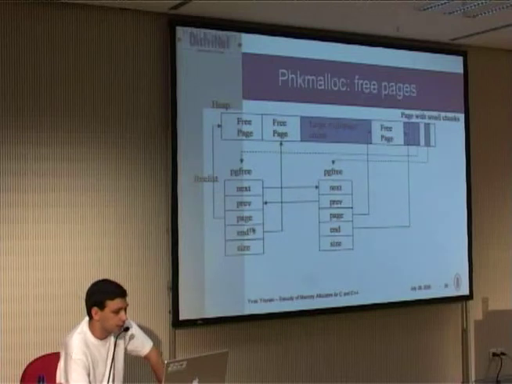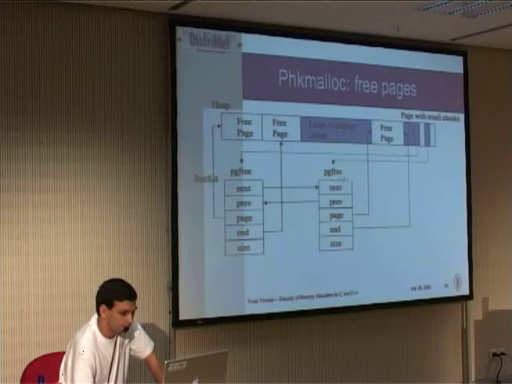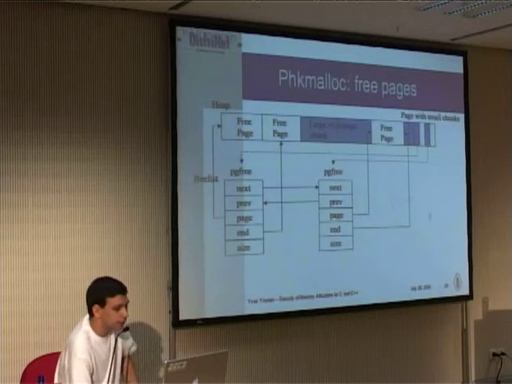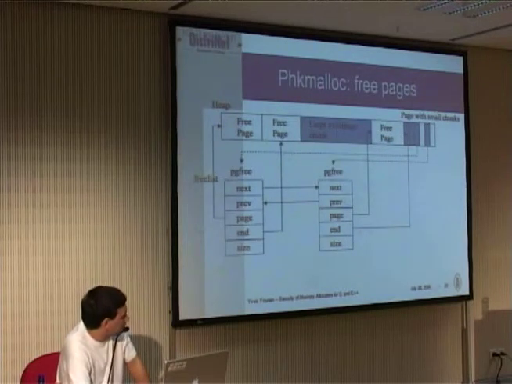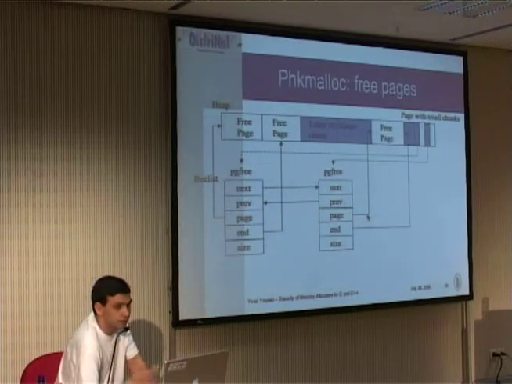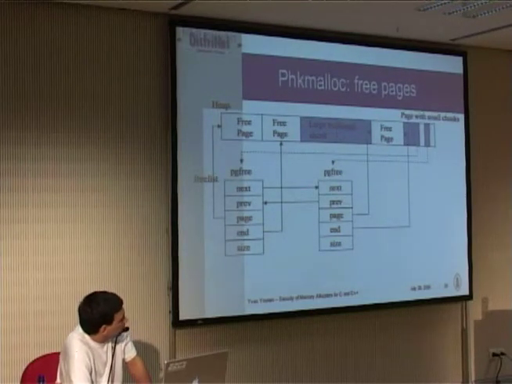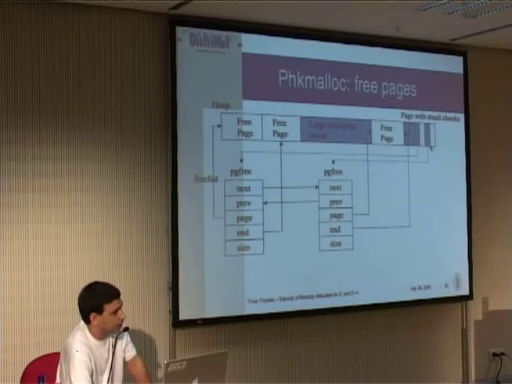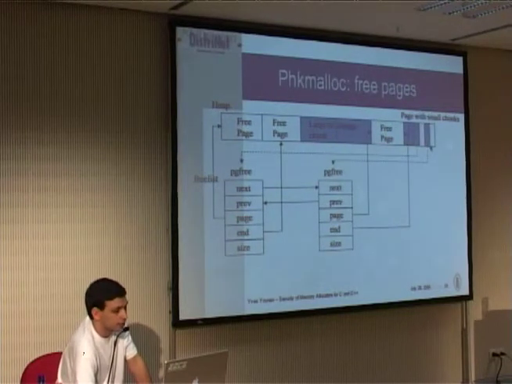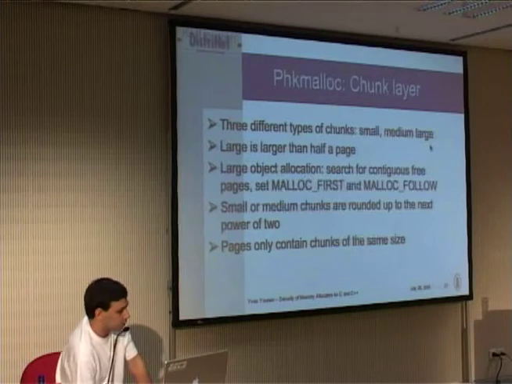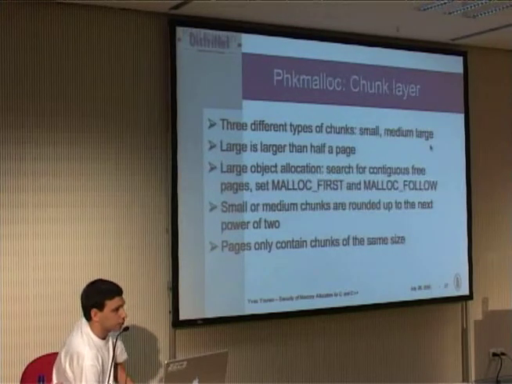And it also contains the size. So the second free page just has page free information, which has the beginning of the page and the end of the page point to the same page, because there's only one in this area. So as you can see here, the page free information is stored in an area which stores chunks of that size. The chunk layer is the other layer of the PHK malloc.